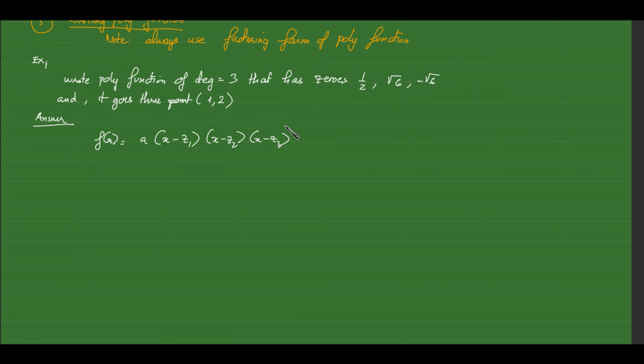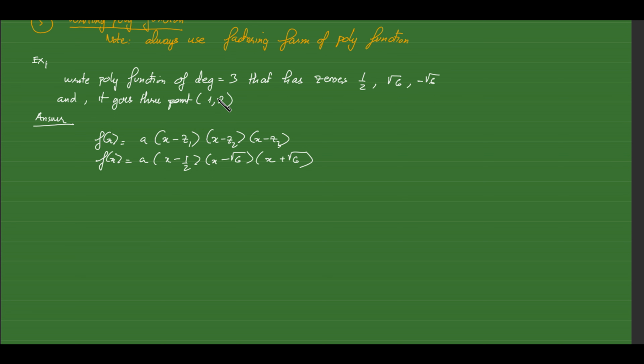If they mention the multiplicity, then we have to include it. Other than that, it is just 1. So go ahead and plug them in. They give you 3 zeros, so it will be x minus a half, x minus square root of 6, and x plus square root of 6. Our job is to find the a value.